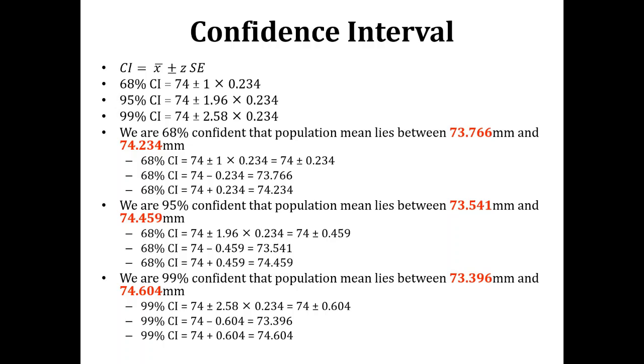So this is how we do the calculation for confidence interval, by using the z-score and the standard error, and then we take their product, and then we add and subtract that product from the mean value, right?